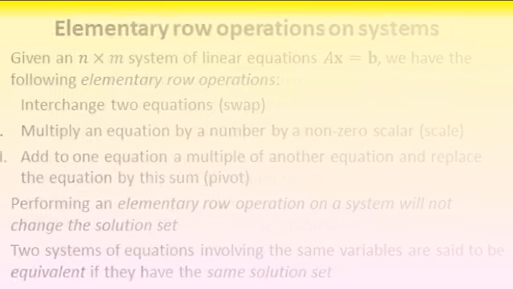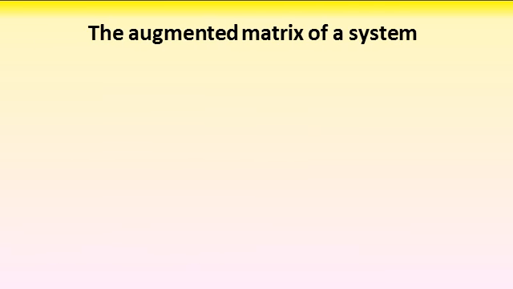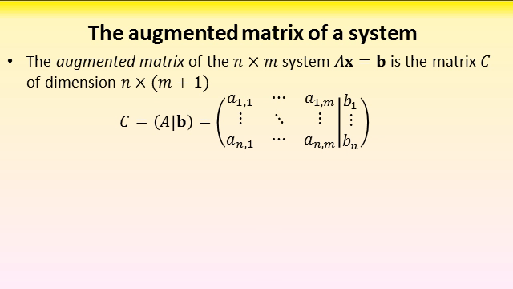To summarize, we define the augmented matrix of a system. The augmented matrix of the system AX equal to B is a matrix that we call C. It has dimension n by m plus 1, consisting of first the matrix A, the coefficient matrix, and to the right of that we put the vector B. That's why the dimension becomes n by m plus 1, because A will be n by m, then we add one more column, making it n by m plus 1.